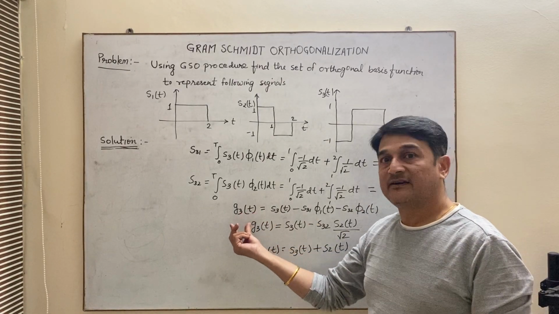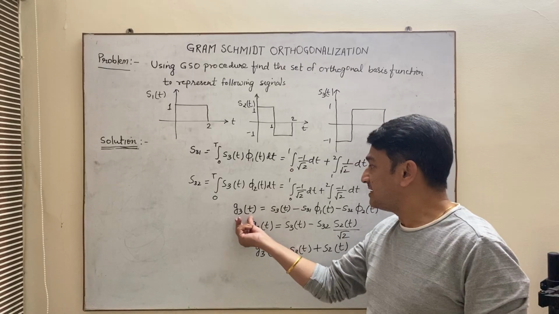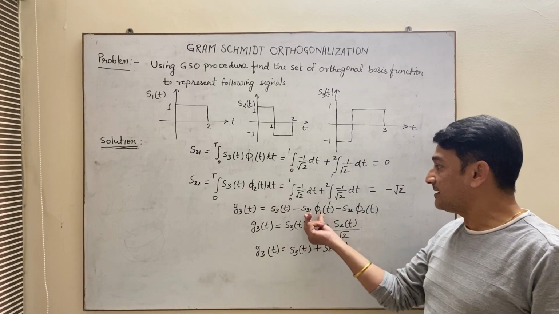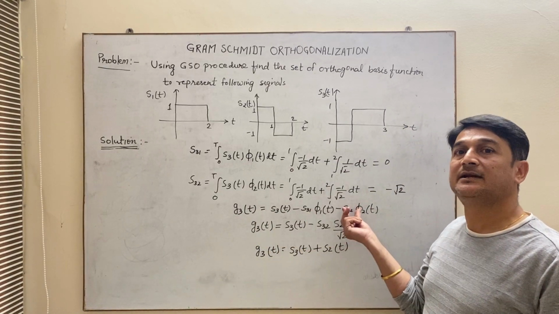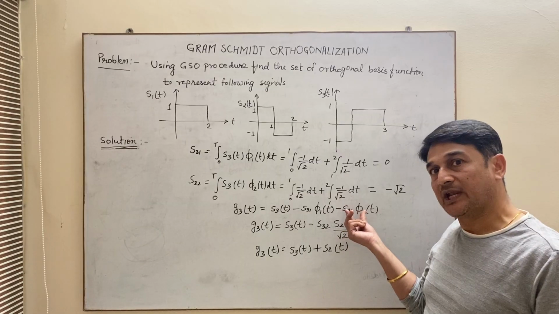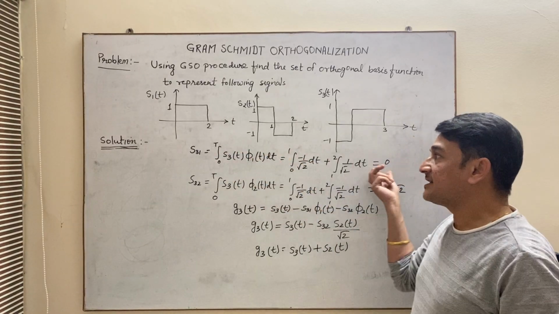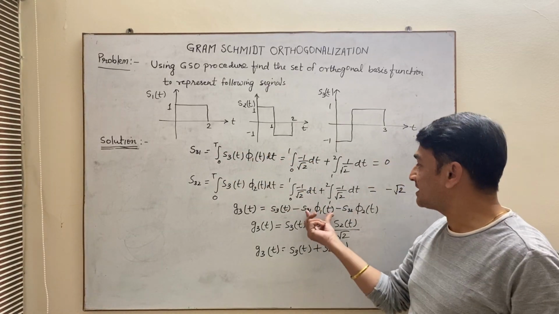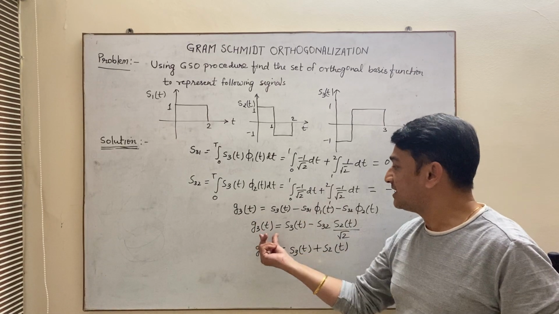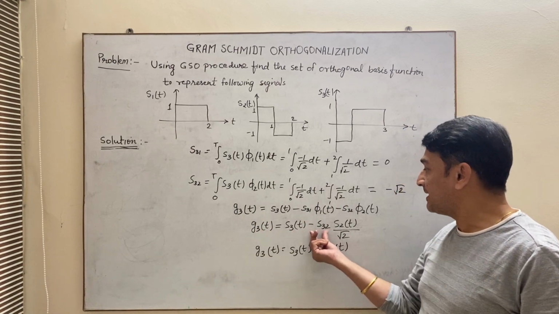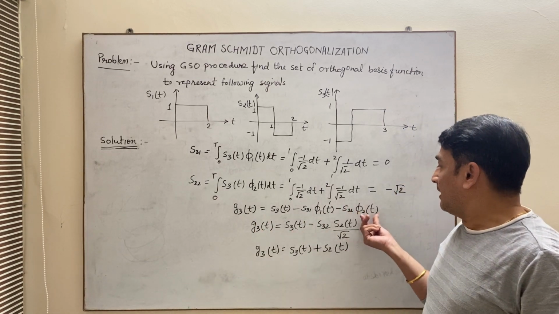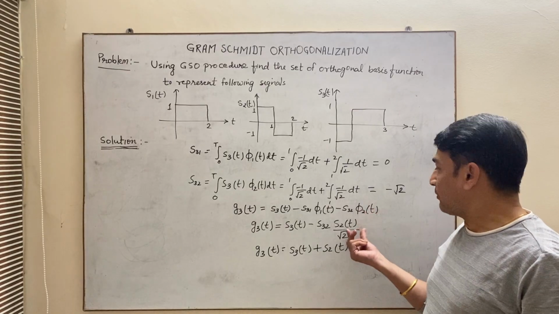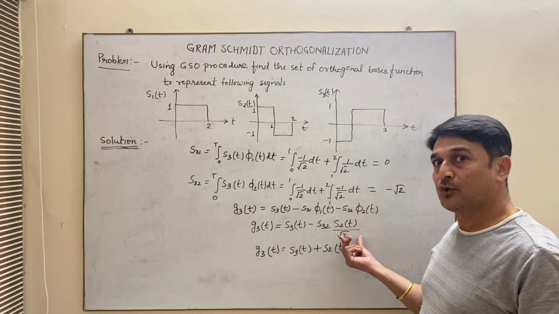So finally the intermediate function G3(t) will be S3(t) minus S31 phi 1(t) minus S32 phi 2(t). But S31, as we have already calculated, is 0, so this part will become 0. So G3(t) will be S3(t) minus S32 phi 2(t), where phi 2(t) is what? S2(t) upon root 2.